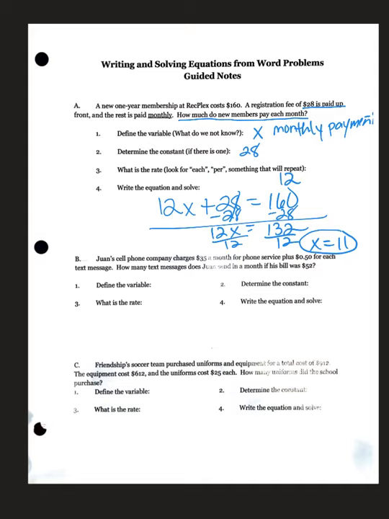Okay, we'll define the variable. Remember, that's what we don't know. Right here, we do not know the number of text messages he sends in a month. We'll let that be x. Determine the constant. Is there a constant fee or something up front that they're going to pay regardless?